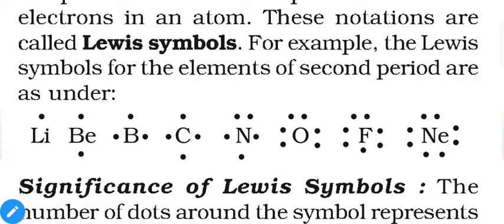As you can see, we have 4 valence electrons in carbon, so 4 dots around the carbon. We have 7 electrons around fluorine, so 7 dots around the fluorine, and all 8 electrons are filled in neon, so 8 dots around the neon.